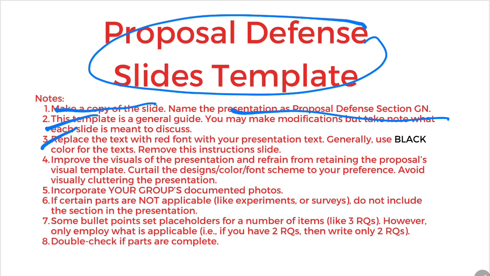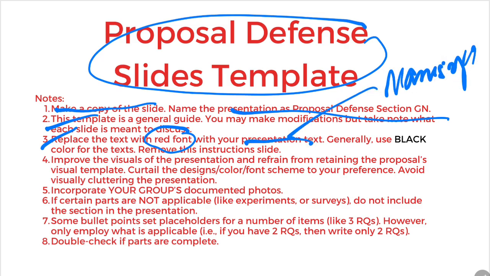In the guides that you will be seeing later on, many of the texts are written in red font. So they serve as placeholders for information that you will be lifting from your manuscript. Okay, so that manuscript text could serve as your presentation text as well. Generally, the advice is to use a non-red font, or black more specifically, for the final presentation text.